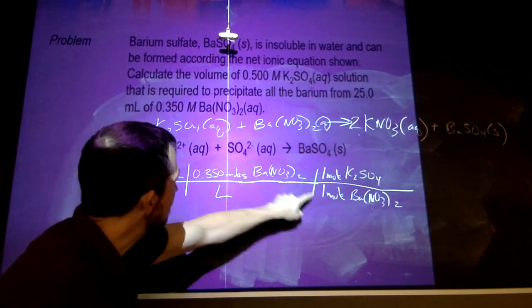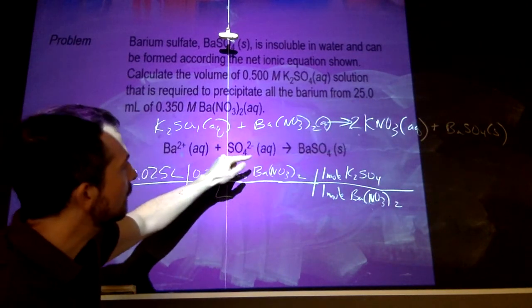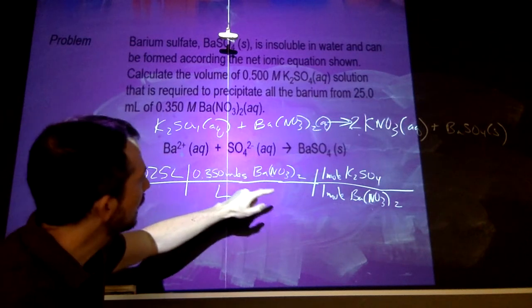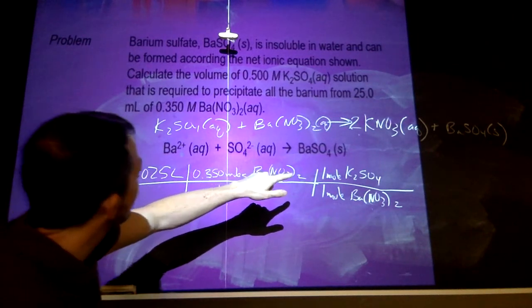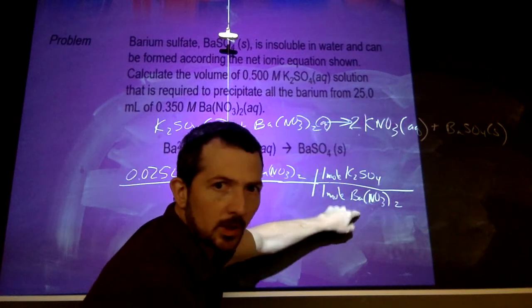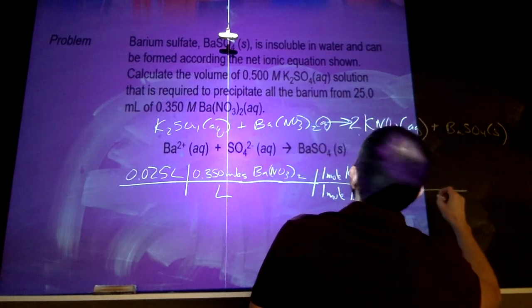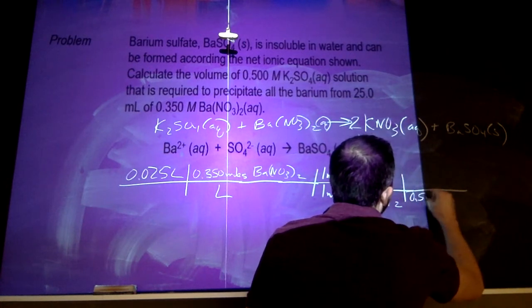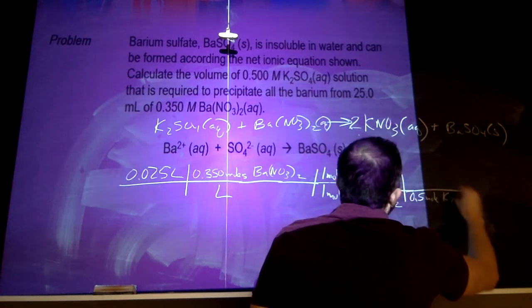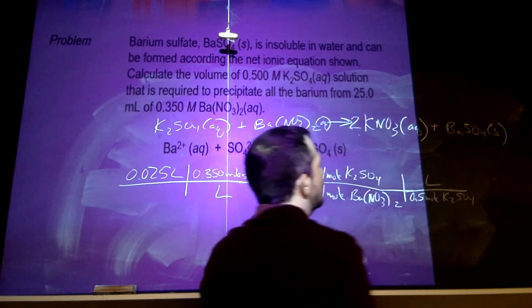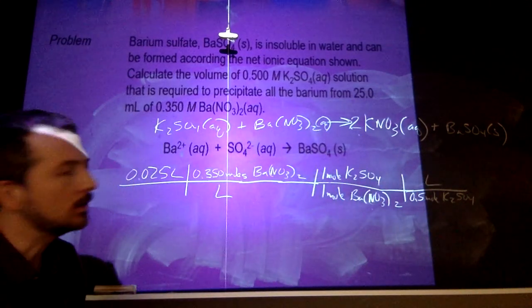So my balanced equation is a 1-to-1 ratio. So now what volume of that do I need? Moles on top here, so moles needs to be on bottom next. So it's 0.5 moles per liter of your solution.